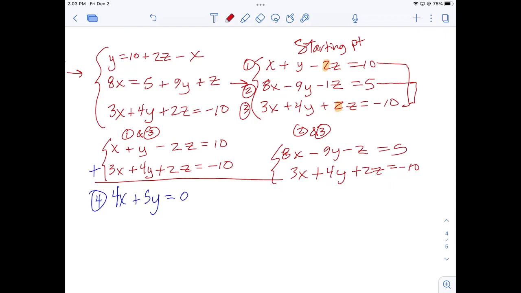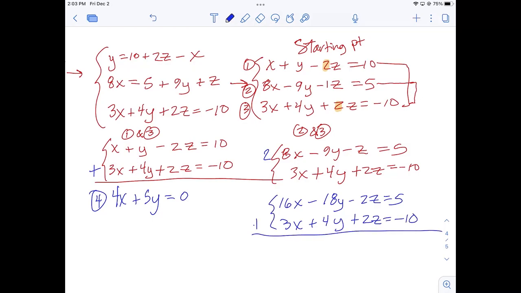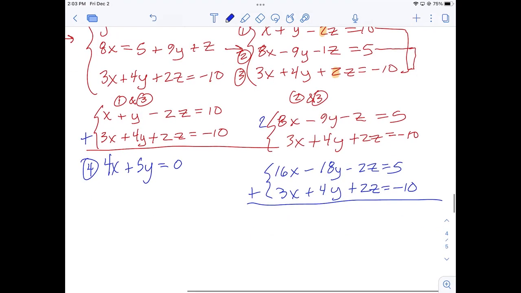So I need to multiply the top one by 2 in order to make the z's opposites. So that's going to be 16x minus 18y minus 2z equals 5. And then we get 3x plus 4y plus 2z equals negative 10. And now we can add that system vertically. 19x, negative 14y, 0z, that's good, and that equals negative 5. That's equation 5.